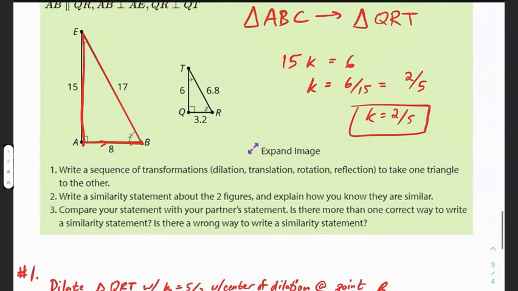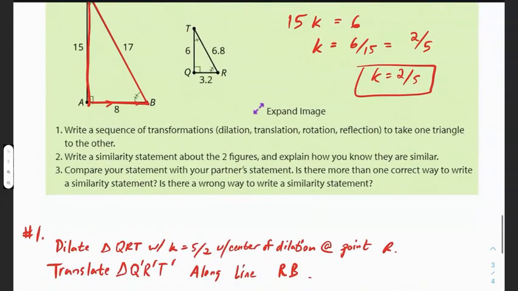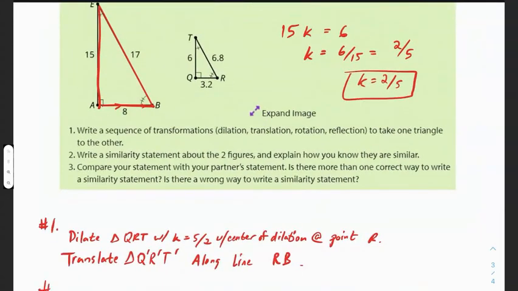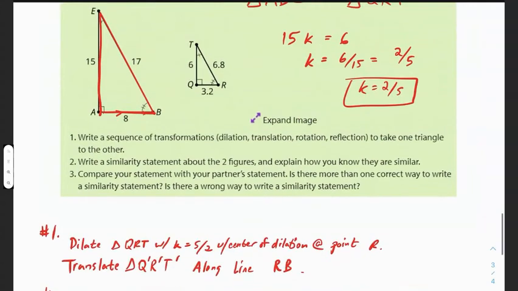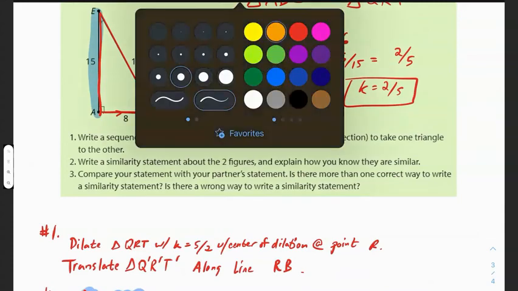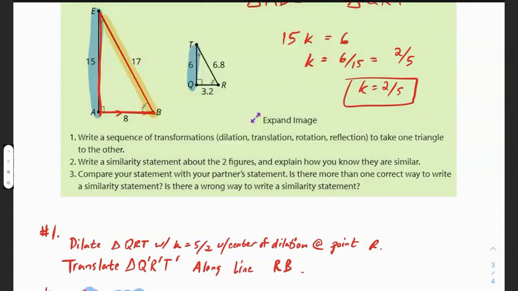Write a similarity statement for the two figures and explain how you know they are similar. Okay, so number 2, I'll write a little further down here. I know that AE is similar to QT, right? That's here to here. I also know that EB is similar to TR. They're both the hypotenuse, right? So EB is similar to TR.